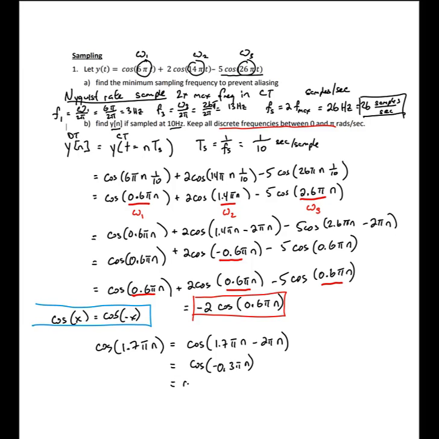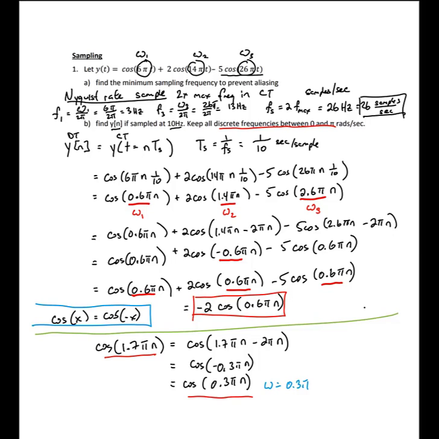And since cosine is even, that's the same thing as cosine 0.3 pi n. And so this first thing is equal to the second thing, and the discrete time frequency is omega equals 0.3 pi. Does that answer your question? Yes, sir. Thank you. Great.